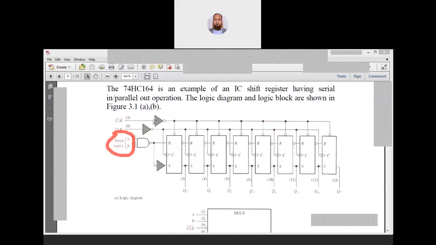So this is the clear signal. If you want to clear, you press the clear signal and all the flip flops will come to zero.